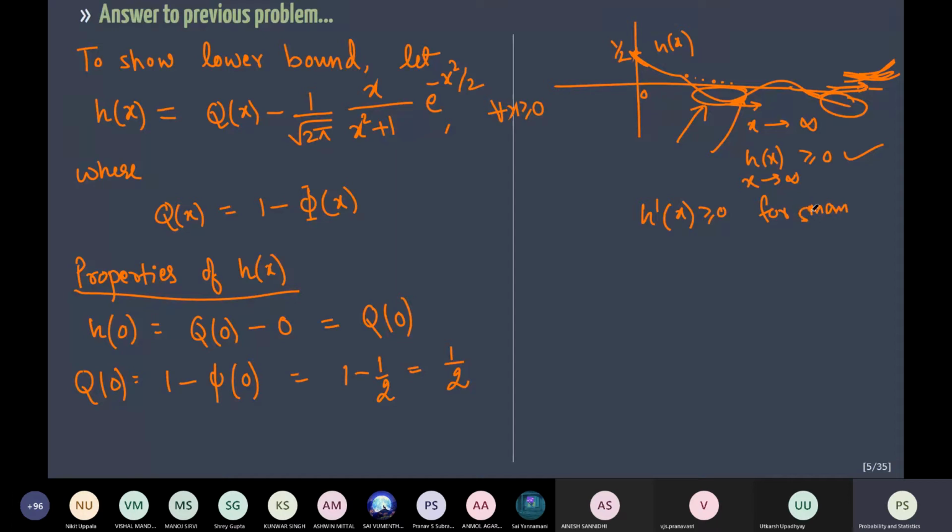Since this is continuous, it has to be positive so that it can go up again. So this condition will happen when, at some stage, it's going up.